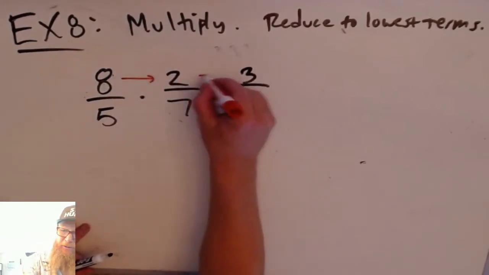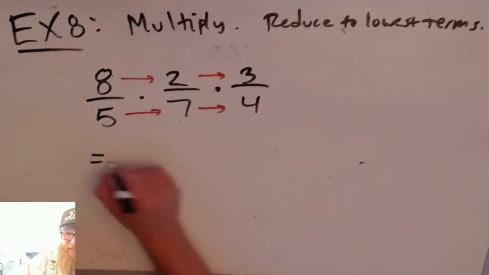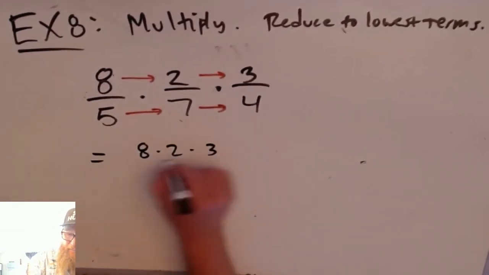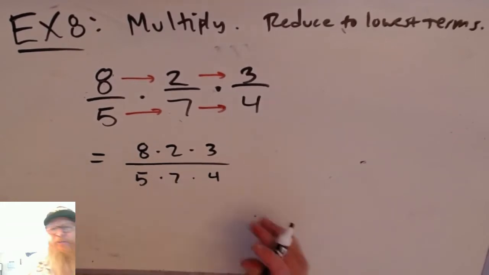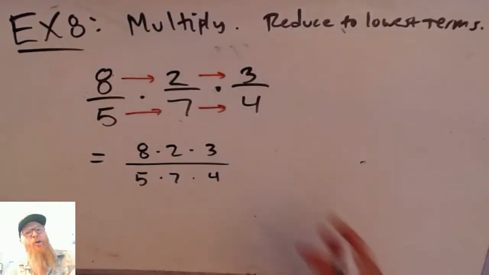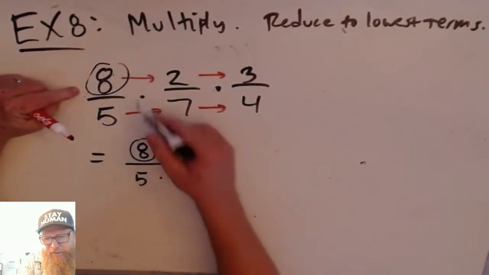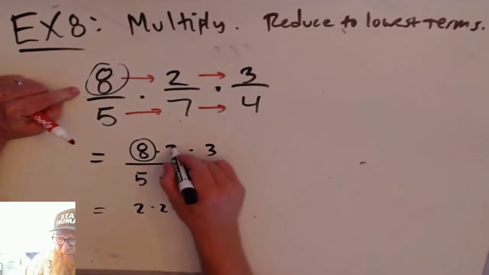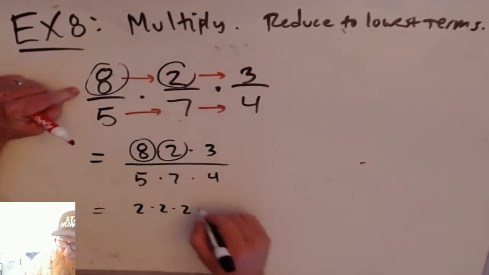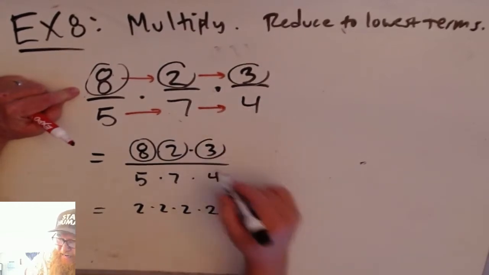So you're just going to go straight across the top, straight across the bottom. If you do want to go a little bit faster, you can start factoring these earlier. So you're already kind of thinking 8 is going to be 2 times 2 times 2. This one's already a 2. That one's already a prime. That's a 3.